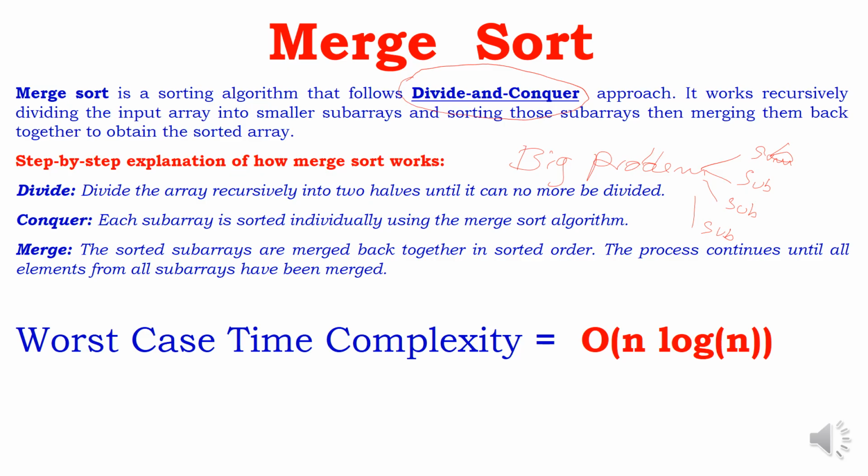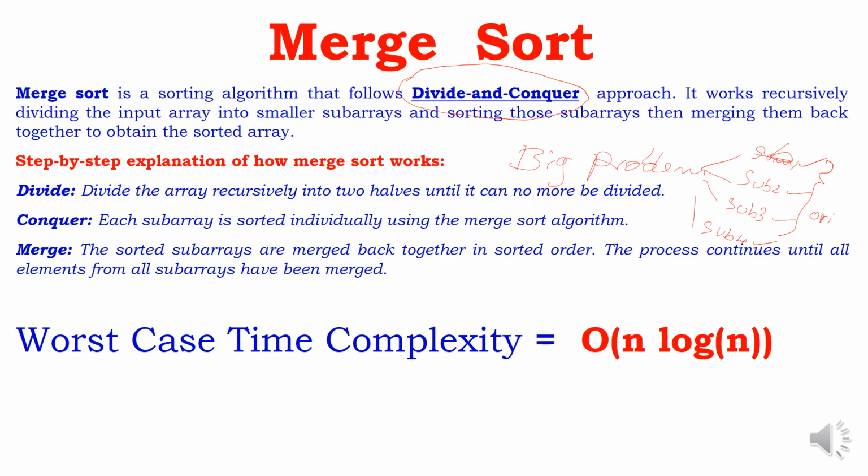And find the solution of these subproblems. Find a solution for subproblem 1, find a solution for subproblem 2, subproblem 3, and subproblem 4. Then combine these subsolutions to form the solution for the bigger problem, which is said to be the divide and conquer approach.